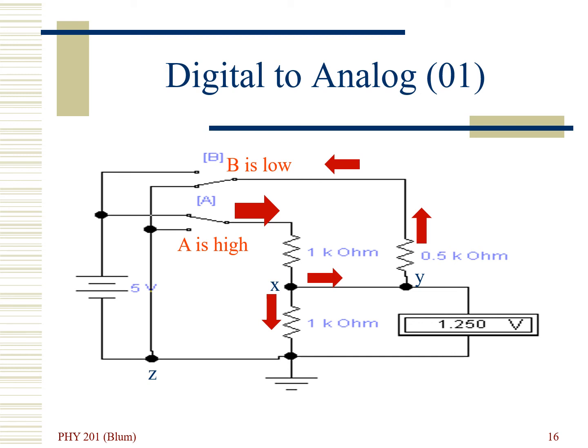Some of it will go over to a node Y, up through the half a kilo ohm resistor, through switch B, and down to node Z, and then to the battery. The other part of the current, again at node X, will go down through the lower 1 kilo ohm resistor, and then to node Z, and finally to the lower end of the battery.